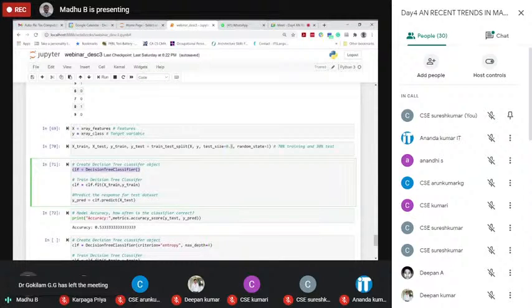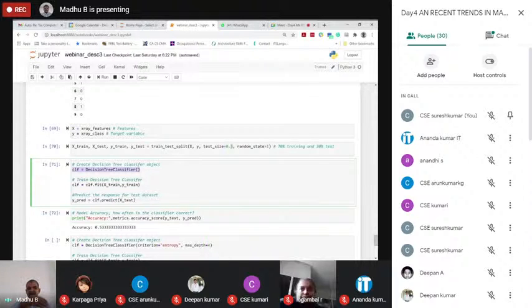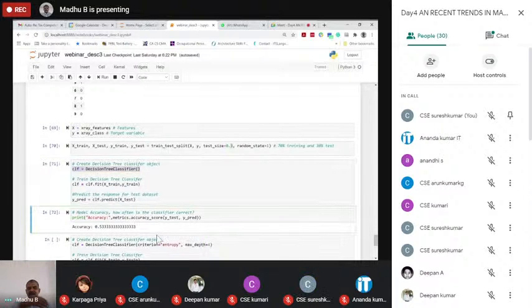These are the parameters which have to be fine tuned. If I just give it as decision tree classifier, then it will take by default the criterion as entropy and the depth of the tree will be 3. And I got an accuracy of 0.533.